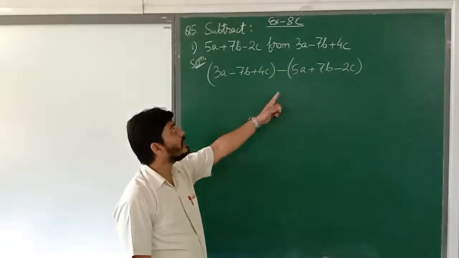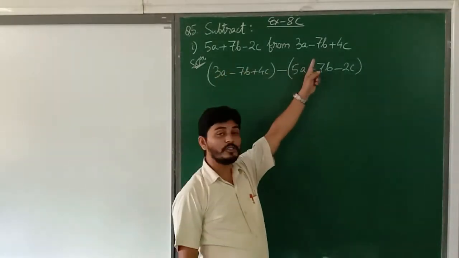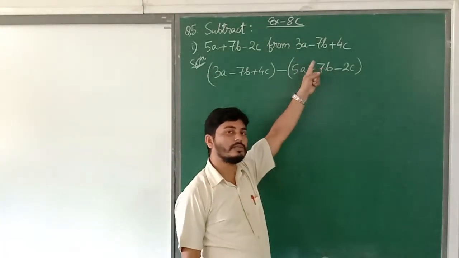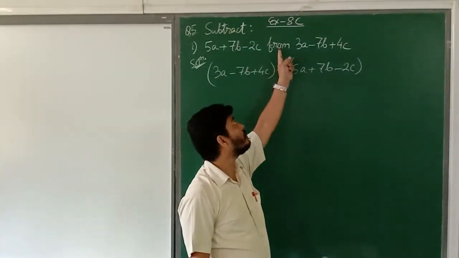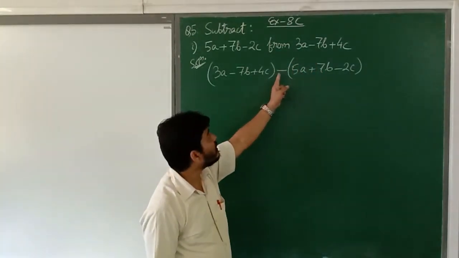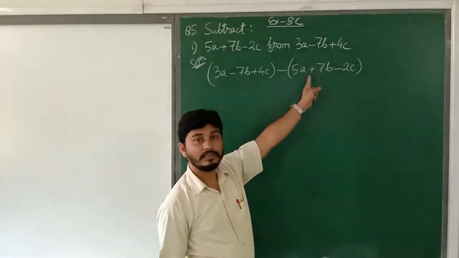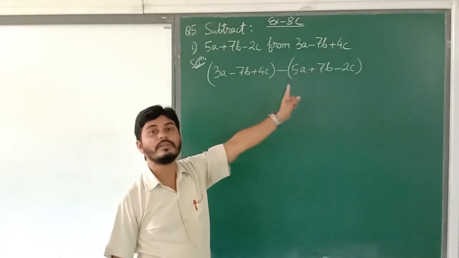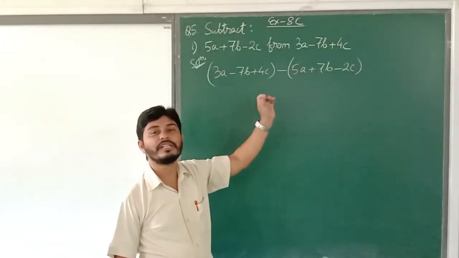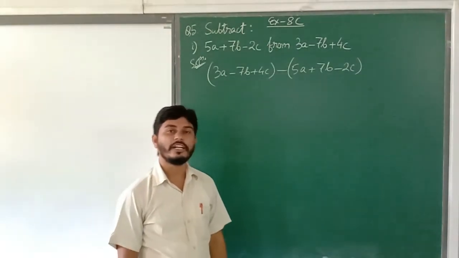Look properly, again I am repeating, the expression written after from, it can be a number also, will be written first, then minus, and then the first expression. This is the first step we have to write correctly when we subtract two or more expressions.